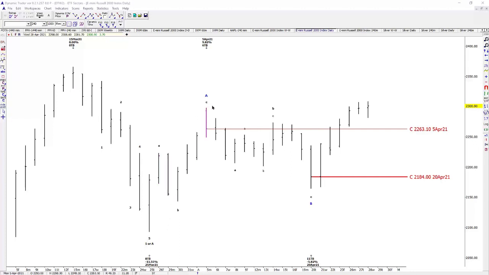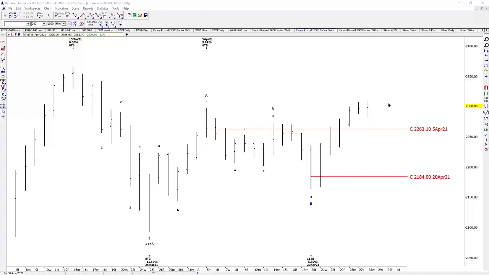We had a nice A, B, and possibly working on a C. Again, the minimum structure for a correction, an ABC, 3 sections. So as of the last bar in this chart, we're in a position to complete an ABC because this is the third section up.